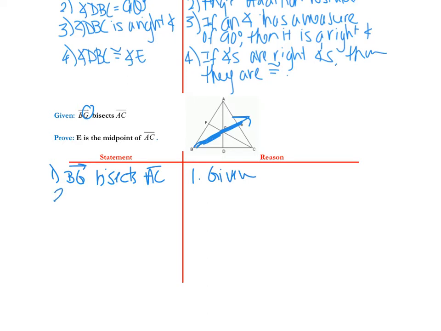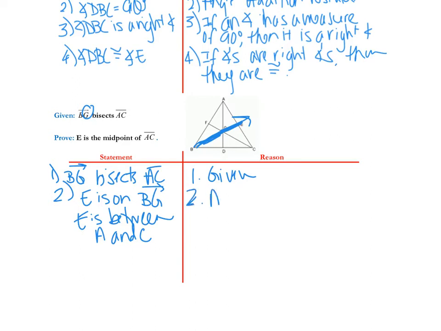Then we say that E is on ray BG, and that E is between A and C.